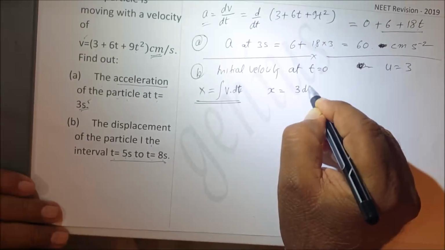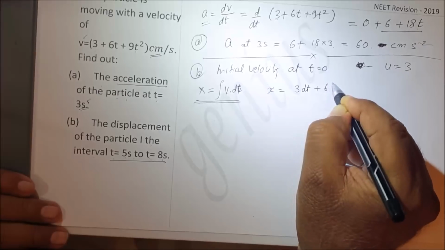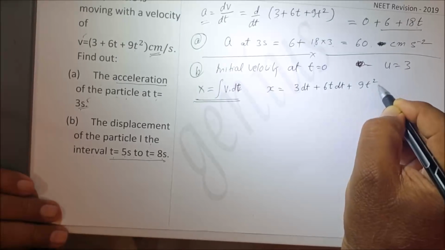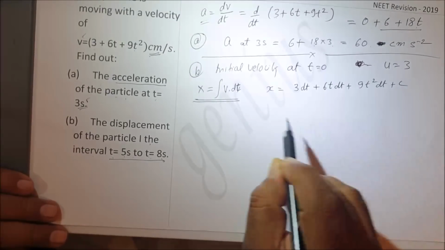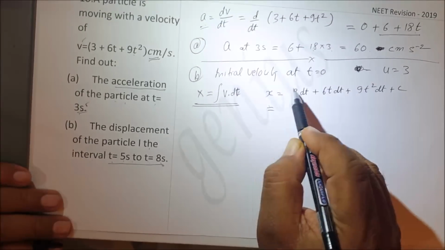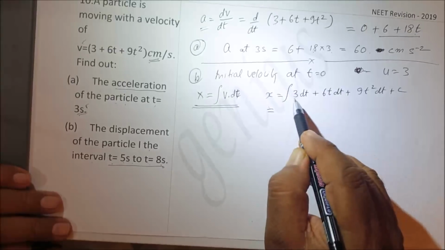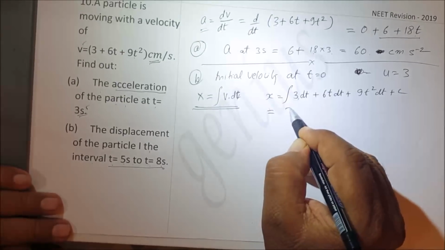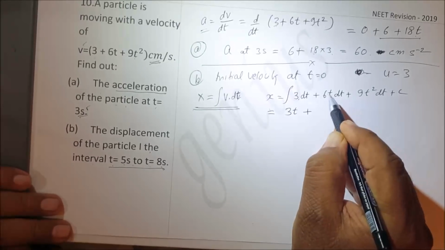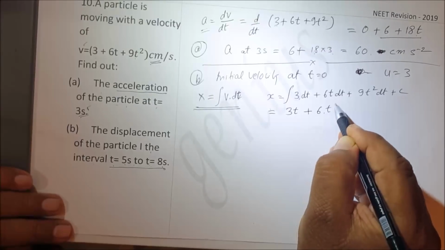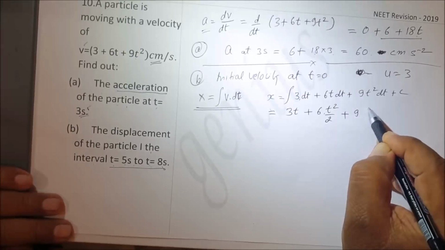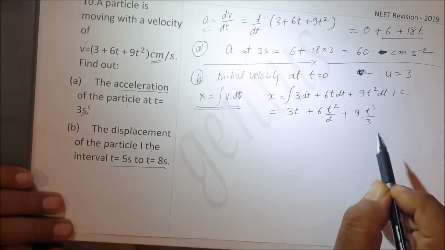So this is 3 dt plus 6t dt plus 9t square dt and a constant. The integration of 3 dt is 3t, 6t dt is 6t square upon 2, plus 9t cube upon 3.